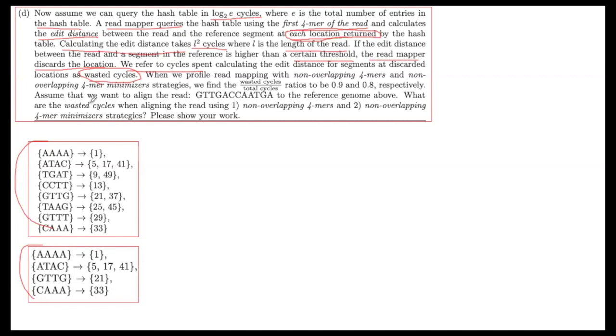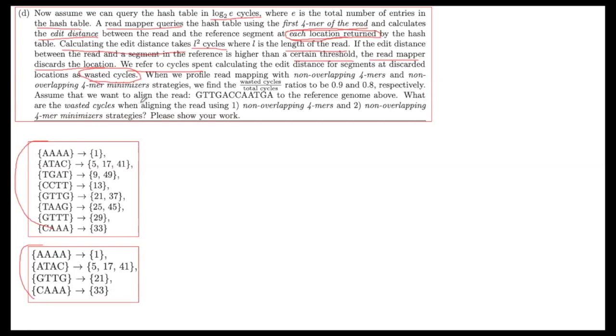Now, when we profile read mapping with non-overlapping k-mers and non-overlapping k-mer minimizers strategy, we find the wasted cycles over total cycles ratios to be 0.9 and 0.8 respectively.